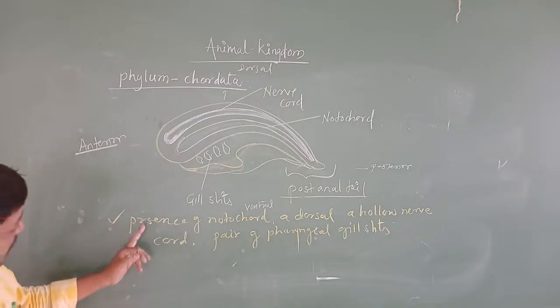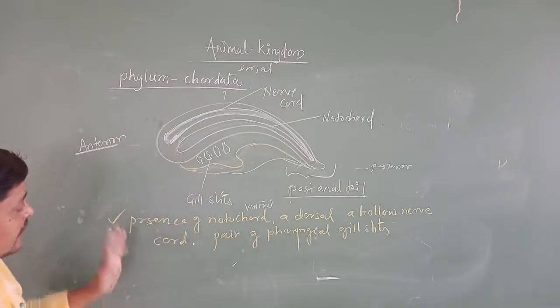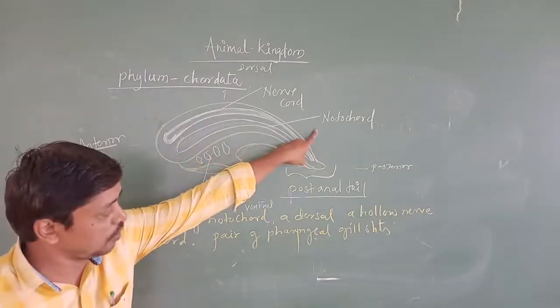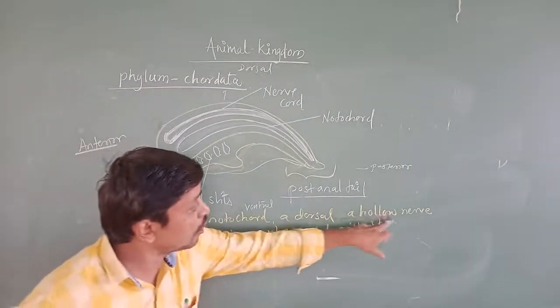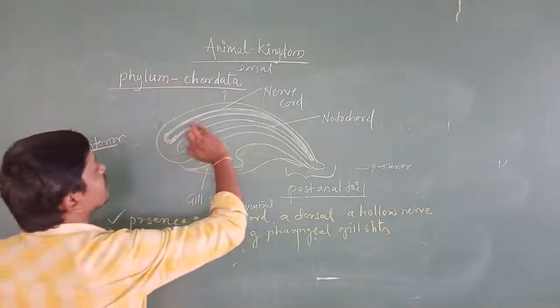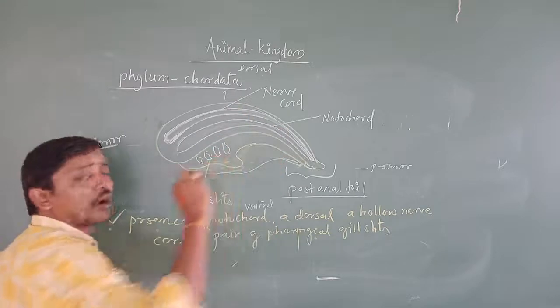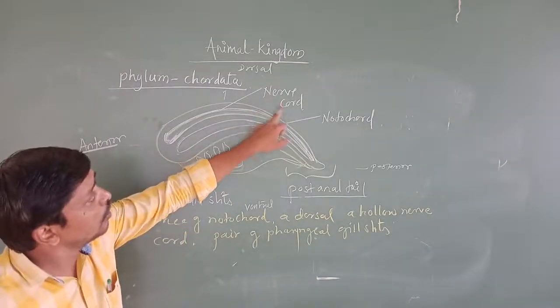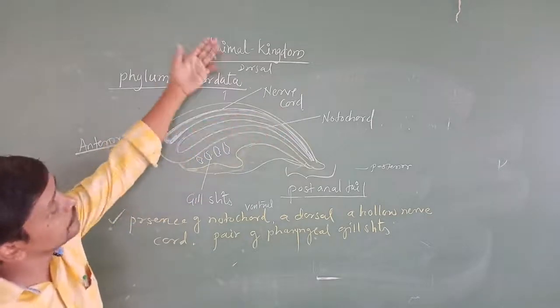Now, the first fundamental character I have written on the board is the presence of notochord, a dorsal hollow nerve cord. Hollow nerve cord in the sense this is hollow. Dorsal in the sense at the dorsal side.